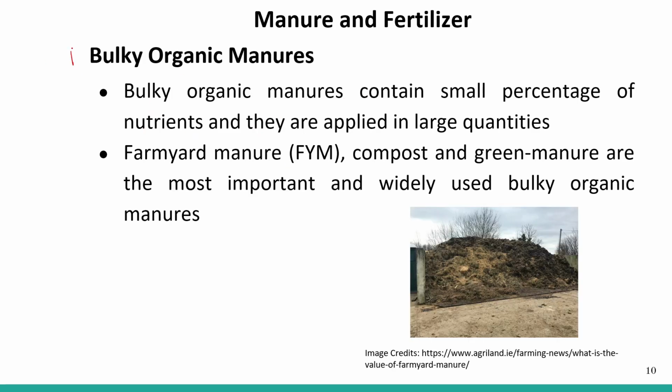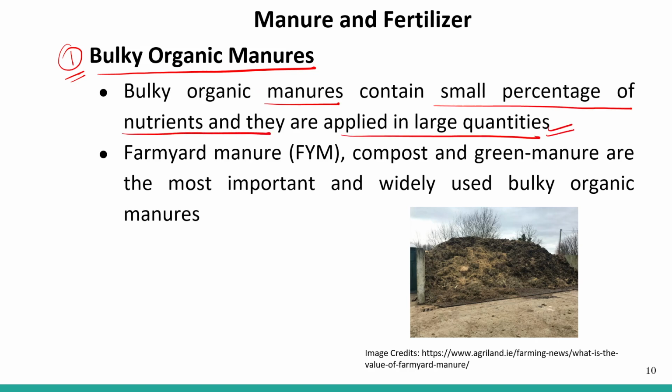So let us discuss the first type of manure, that is bulky organic manure. Bulky organic manures contain a small percentage of nutrients and they are applied in large quantities. So that is why this is called bulky organic manure, right?